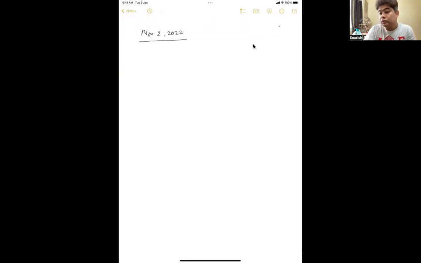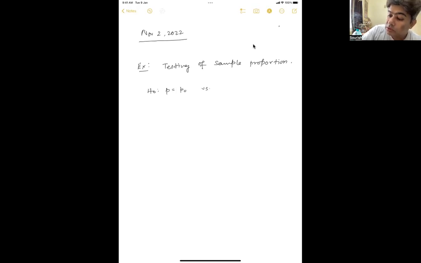So suppose it's an example of testing of sample proportion. Suppose your null hypothesis is P equal to P naught versus alternate is P less than P naught.